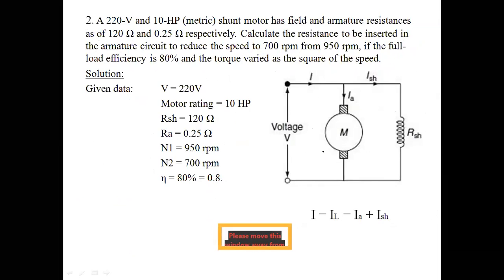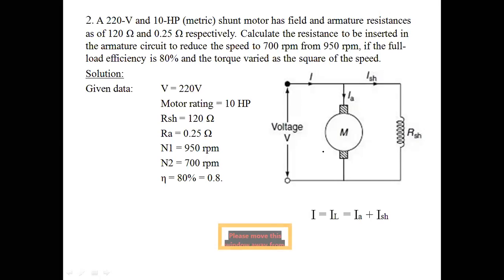This is your second problem. Please check what is given in the problem. Here he has taken 220 volts as the supply, and he has given the motor rating also, that is 10 HP. The shunt motor has a field and armature resistance.